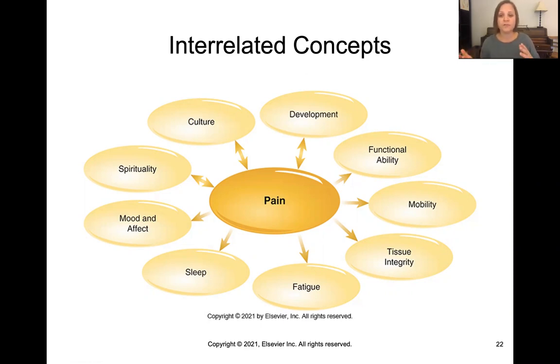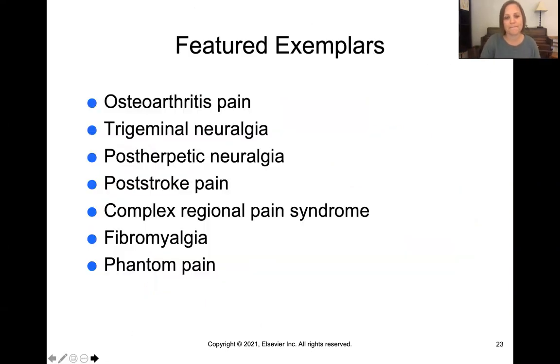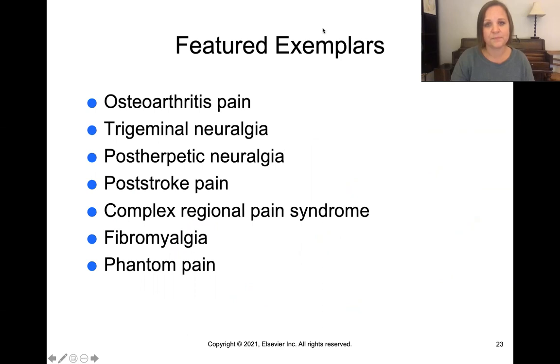And so all of those can impact the patient's perception and experience of pain, and then the pain can impact all of those interrelated concepts. You have some exemplars listed in your Giddens text. You can just read through these briefly in your text, as they're not exemplars we're going to focus on for this chapter.